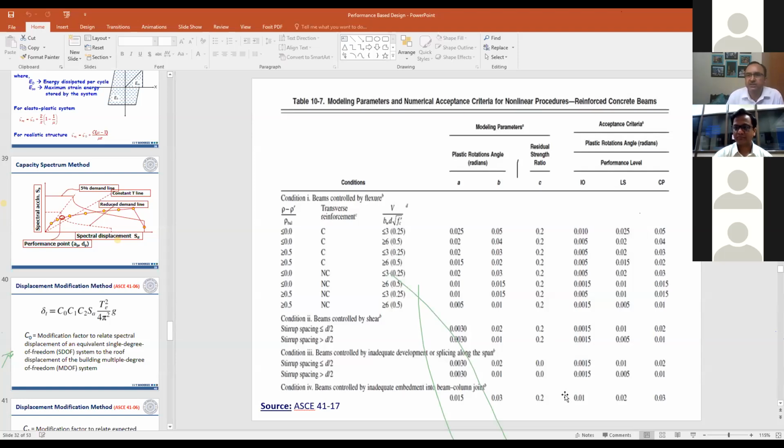So IO, LS and CP will be given by these values only, because these values are obtained from cyclic tests on columns and beams. So these represent behavior under cyclic load, which is close to that under earthquake, or what you will obtain using time history analysis. So this table is valid there as well.